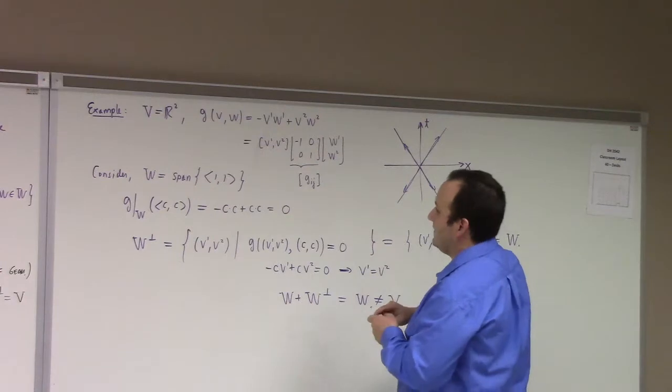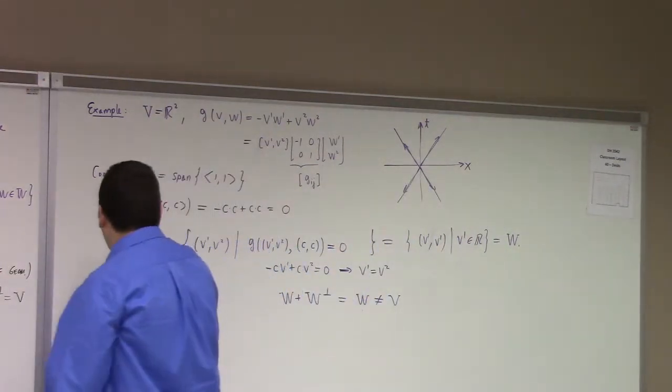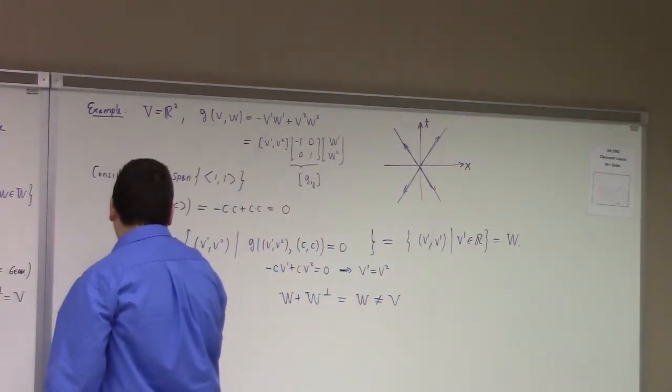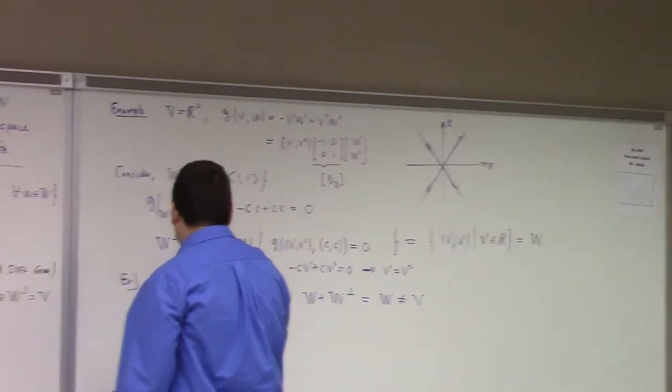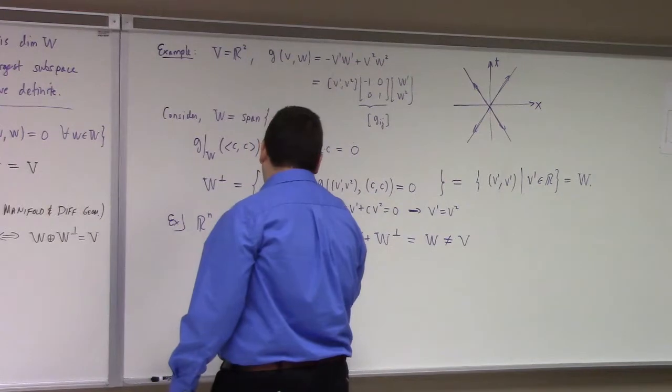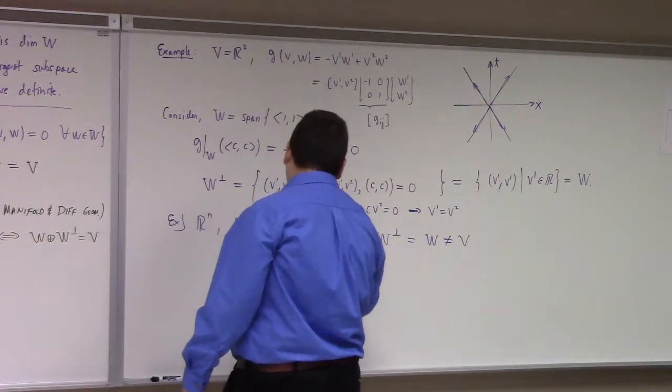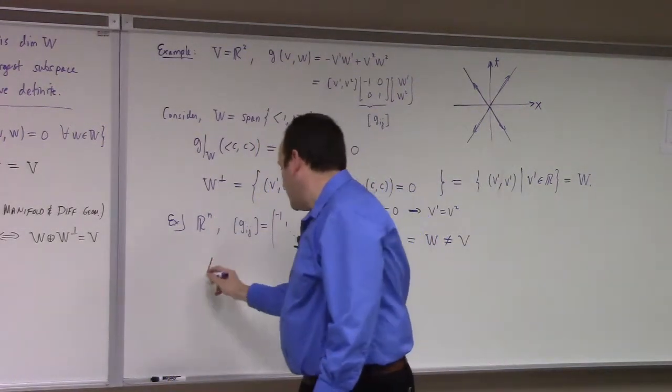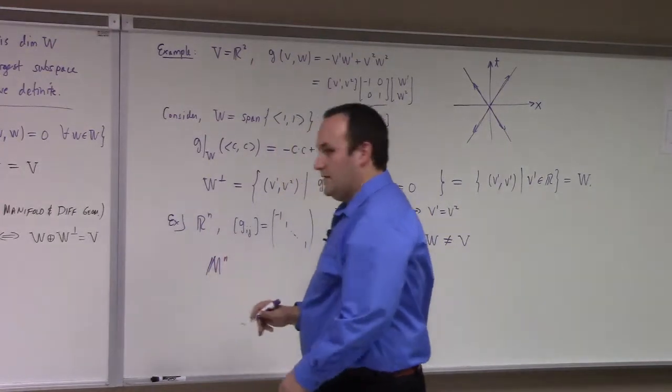More generally, you can build off this example. You can look at R^n with the metric minus 1 and then 1s. This is what I called before Minkowski n-space, right?